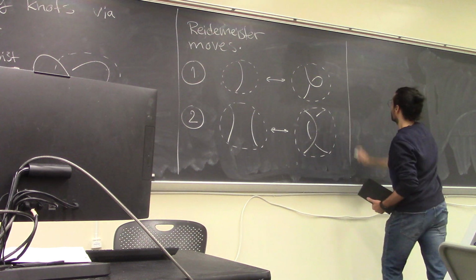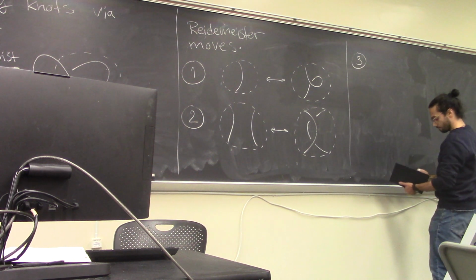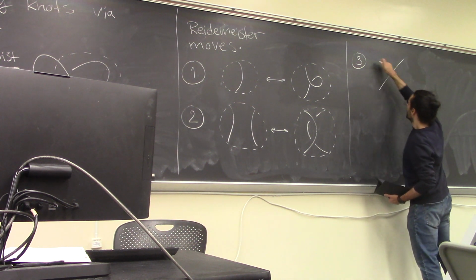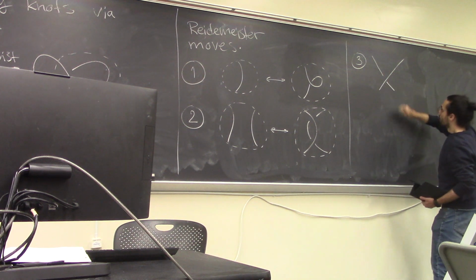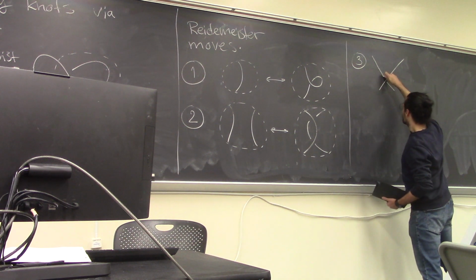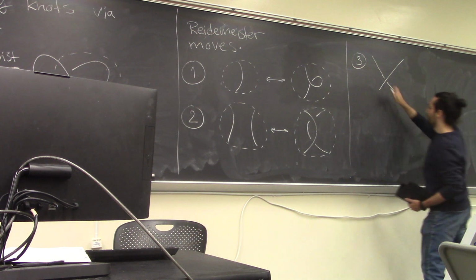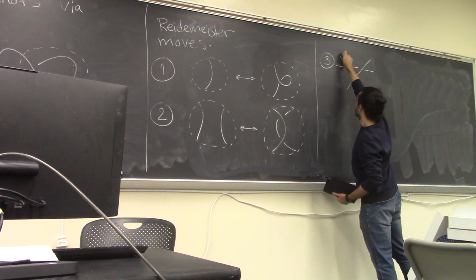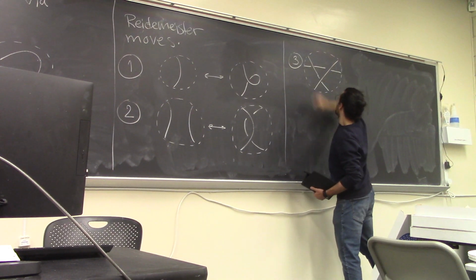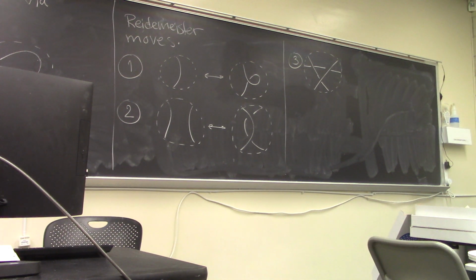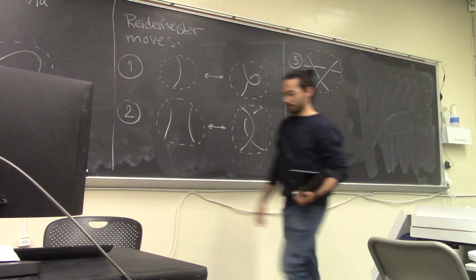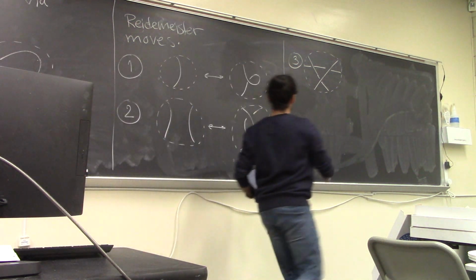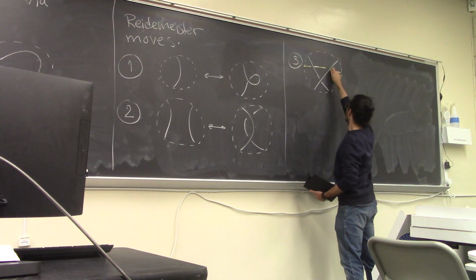The third move involves 3 strands, and this one is a little bit more complicated. So I have a crossing, and then I have another strand going across and behind everything. And now maybe I'll draw this in yellow.